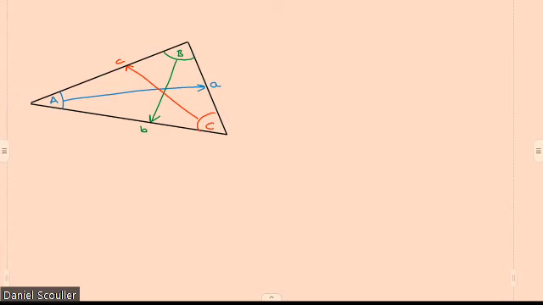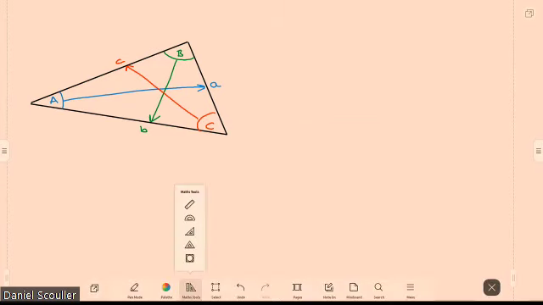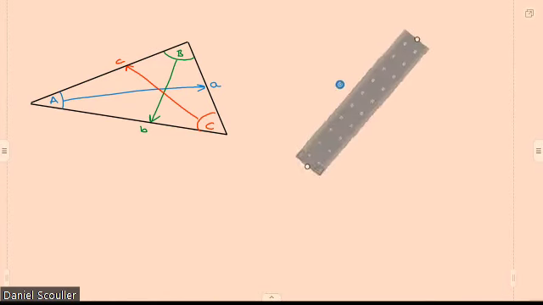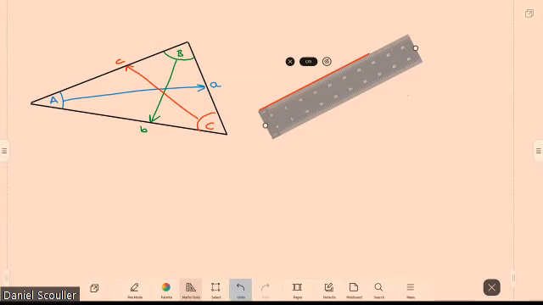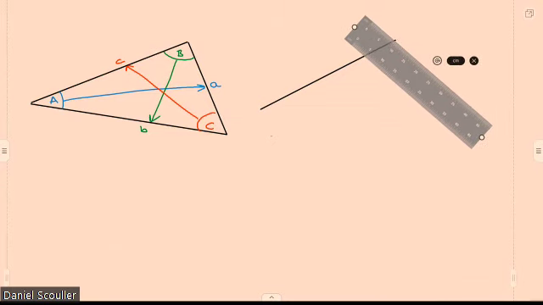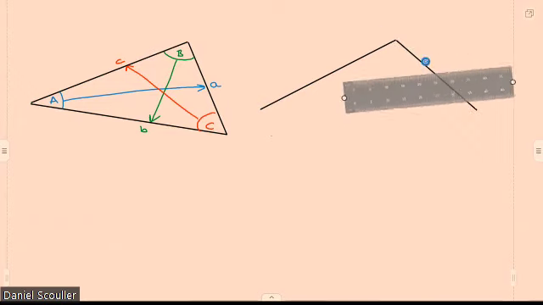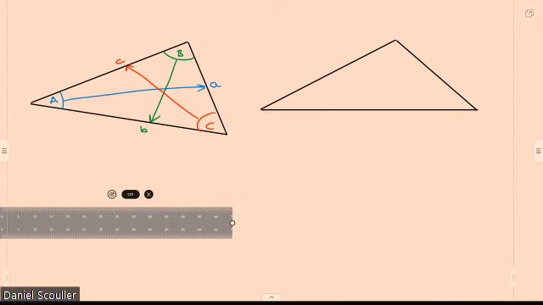Let's do a question. Non-right angle triangle. Okay, we get given a side, we get given an angle.